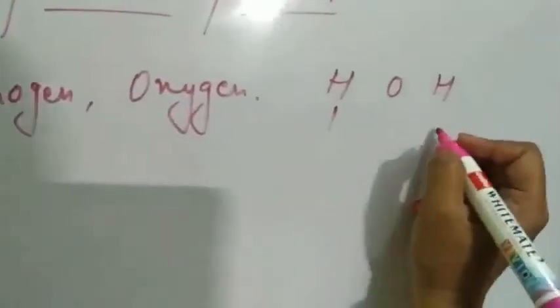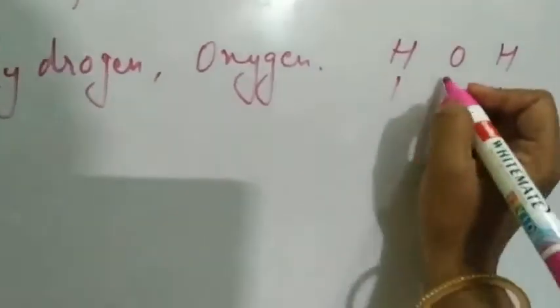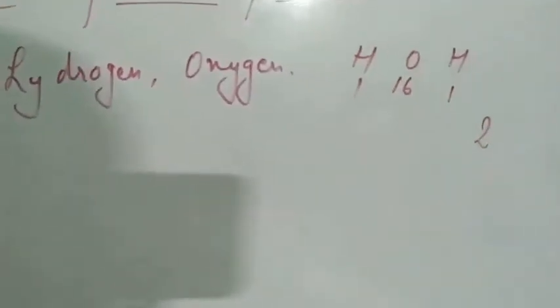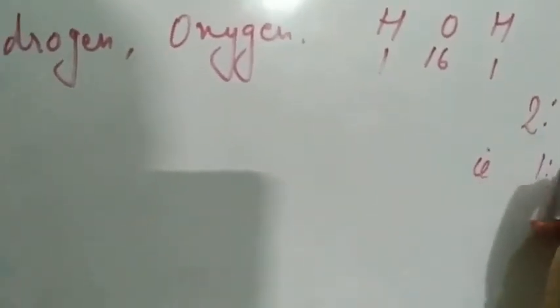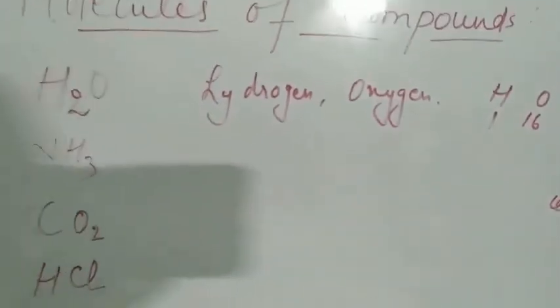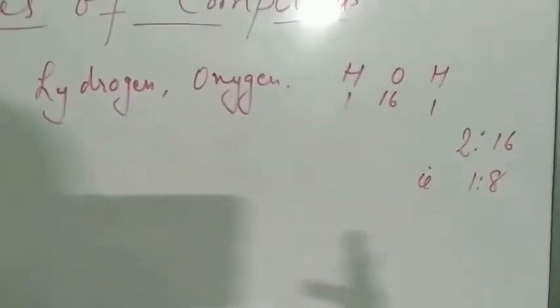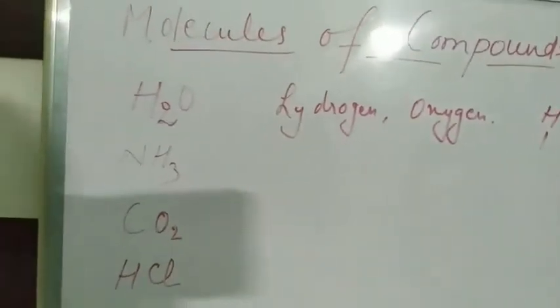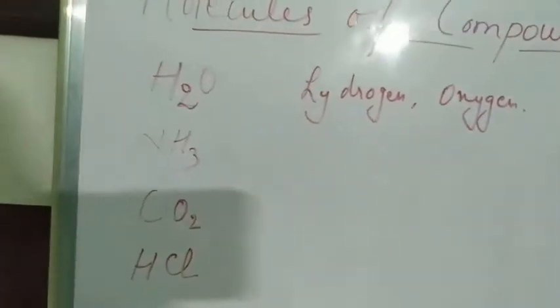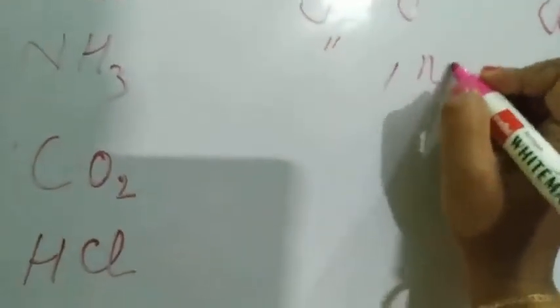One hydrogen mass is 1, so basically we have 2, and the mass of oxygen is 16. So 2 is to 16, that is 1 is to 8. So we say that hydrogen and oxygen combine in a fixed ratio by mass, that is 1 is to 8, and form water. Similarly, ammonia, again hydrogen and then nitrogen.